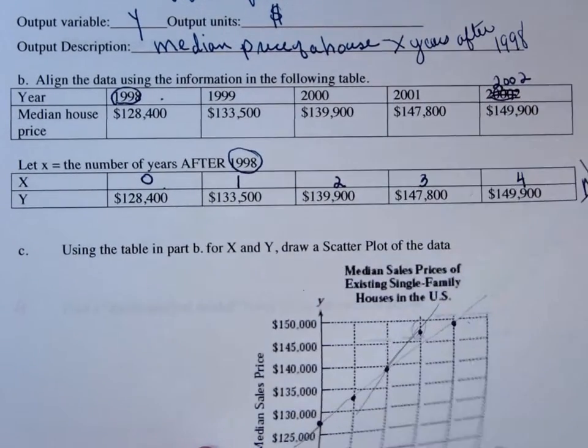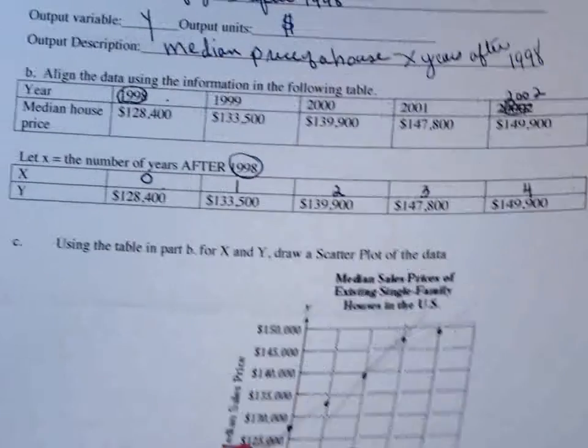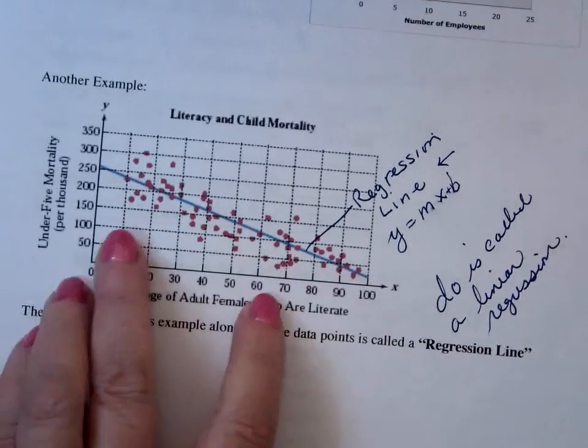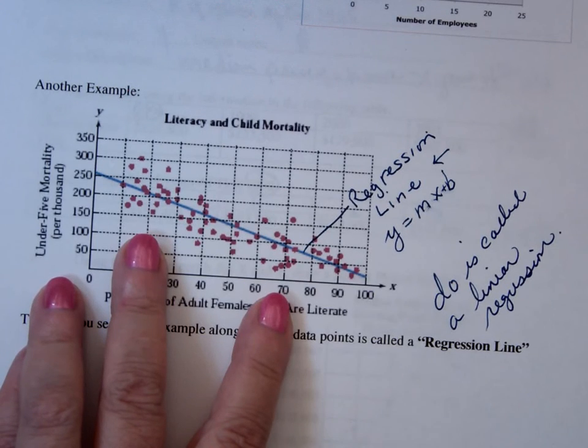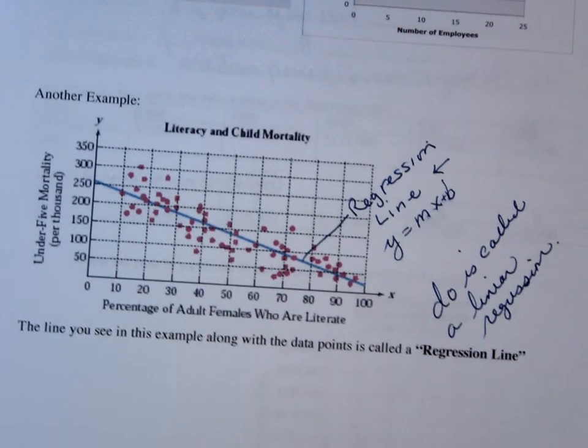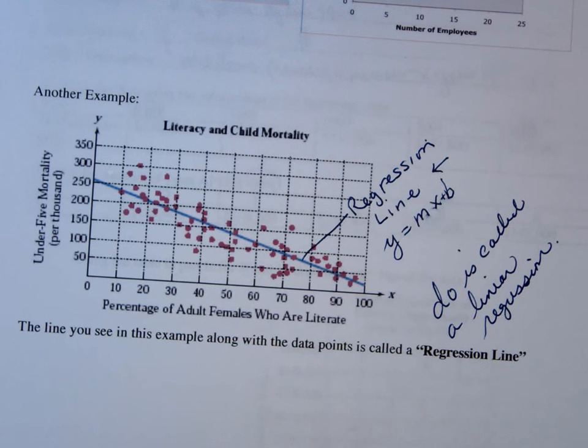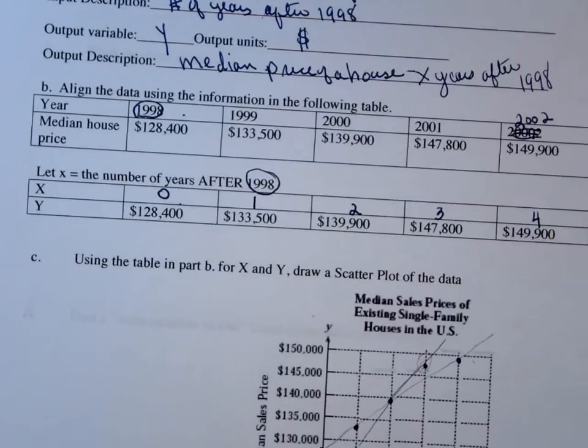We saw that in the previous problem where we had this scattered data and we put a line through it. That was the regression line or line of best fit. That says, does that mean I have as much error on the top as I do on the bottom? That's kind of like the middle and balances it out. So that was our regression line for that particular problem.